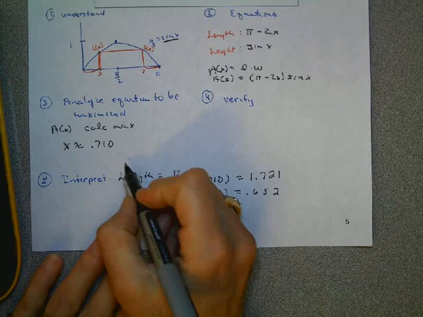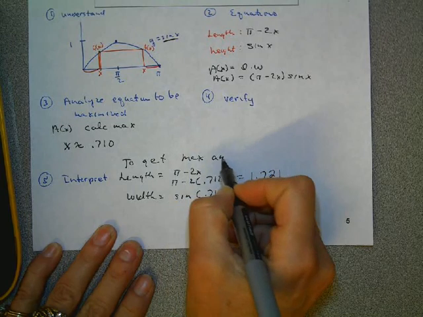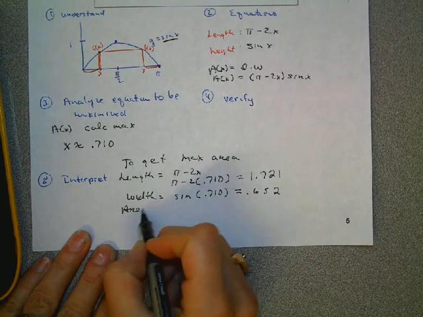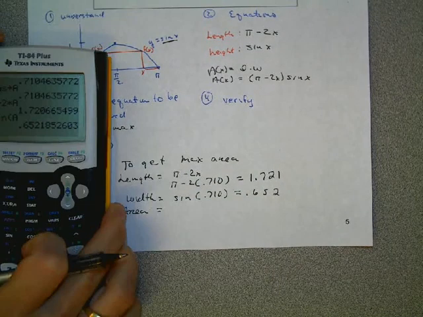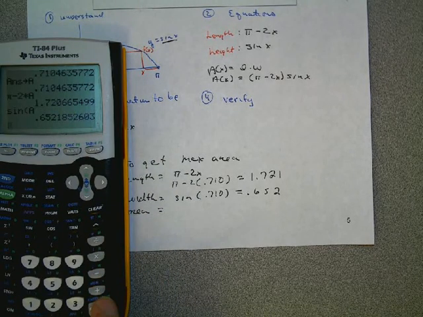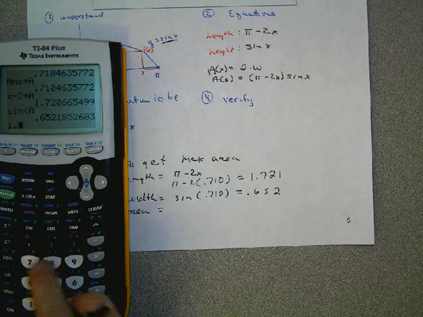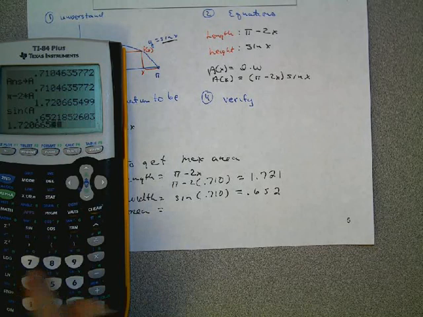So there's my maximum. To get the maximum area, length is this, width is this, and to get my area, I'm just going to multiply. I've got 0.652, so I'll do 1.72066549, because I'd like a lot of accuracy, times the answer.